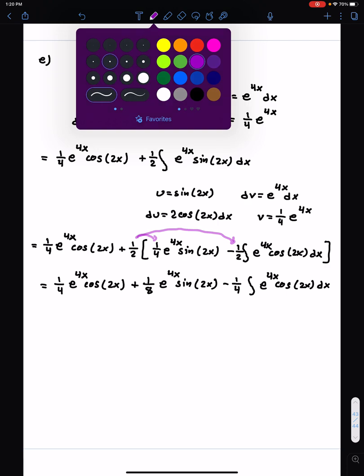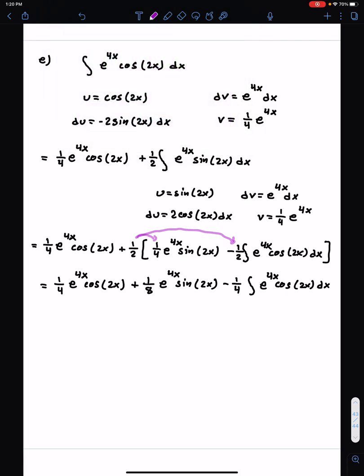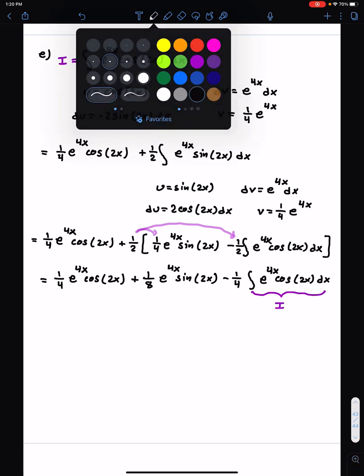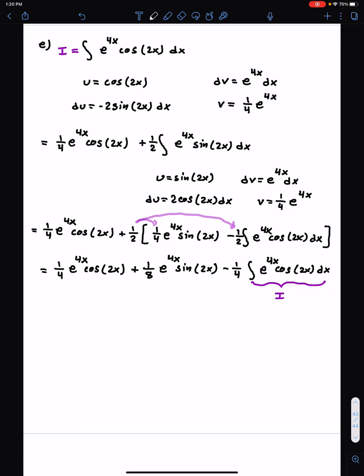So I'm going to call the original integral I. And then I'm going to replace this integral with I also. And since I did integration by parts, this whole integral is equal to I.